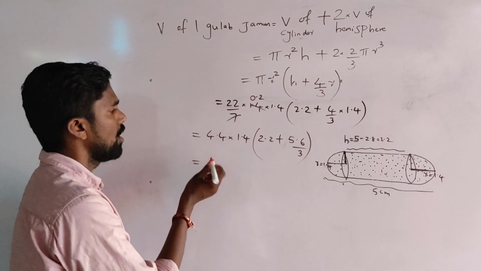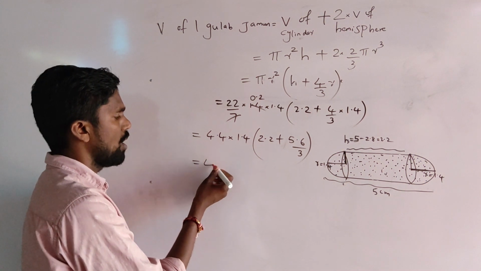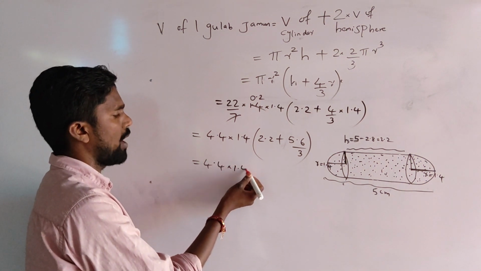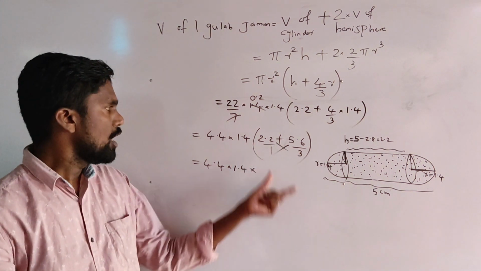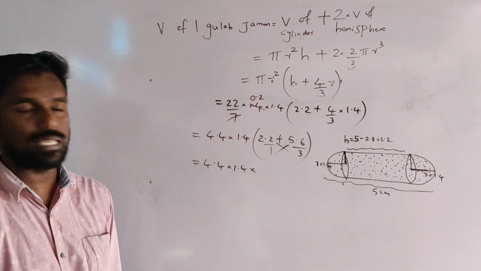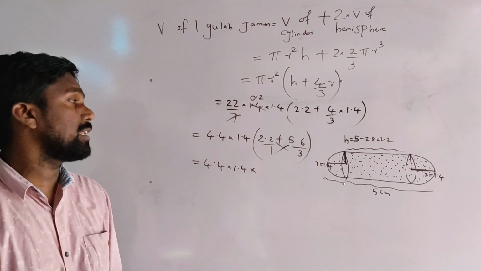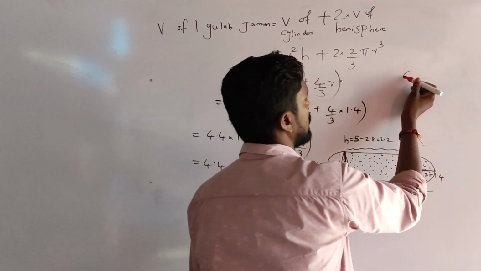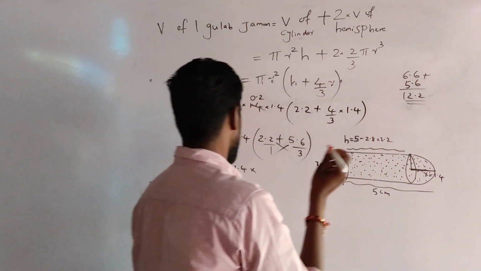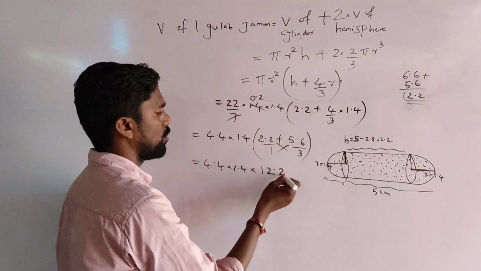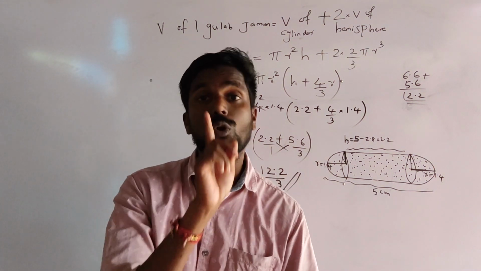That is equal to 4.4 into 1.4 into, and with cross multiplication, 2.2 into 3 is 6.6. 6.6 plus 5.6 is 12.2, so 12.2 by 3. This is the volume of 1 gulab jamun.